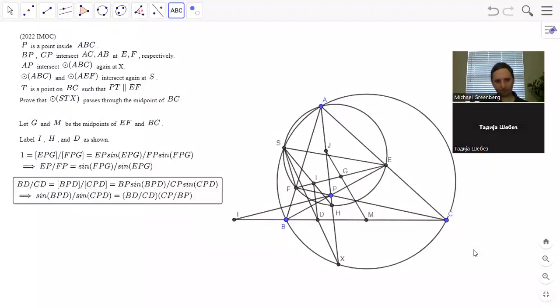Calculate BD over CD. CP over BP is like an okay quantity. The idea is to calculate everything in terms of triangle ABC and point P. So yeah, I'm trying to think where we go after this.